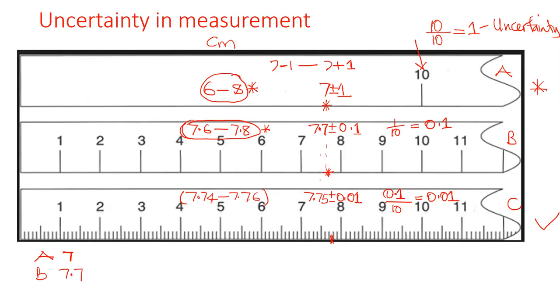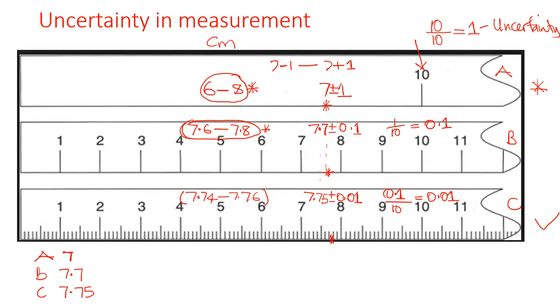Ruler C, our value was 7.75. Now the question is, in these measurements, which numbers are certain?